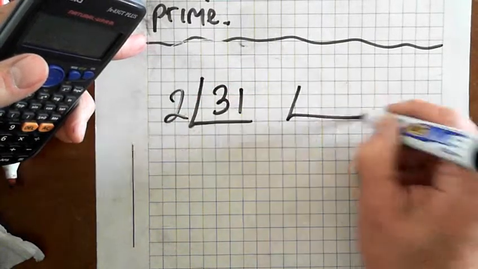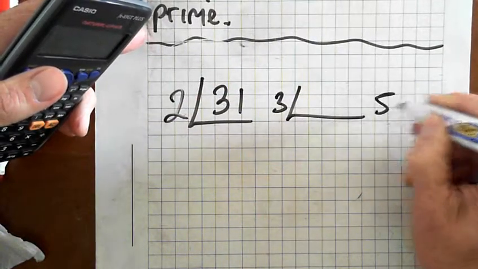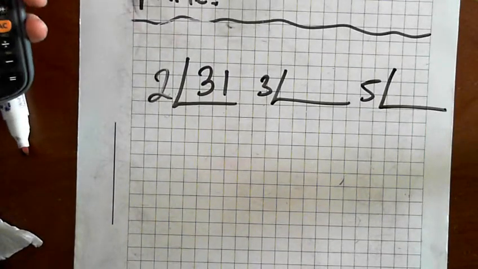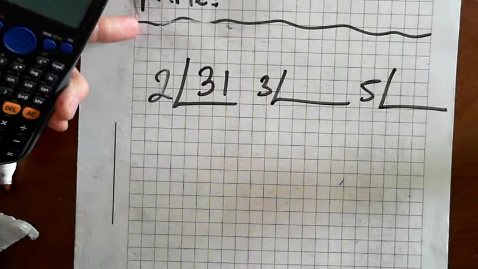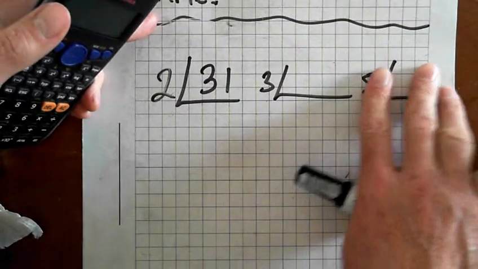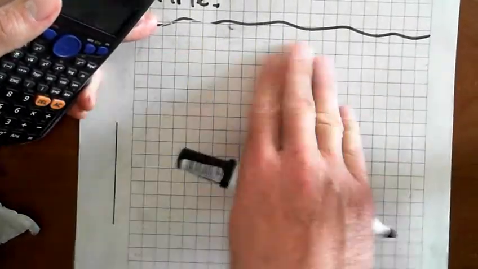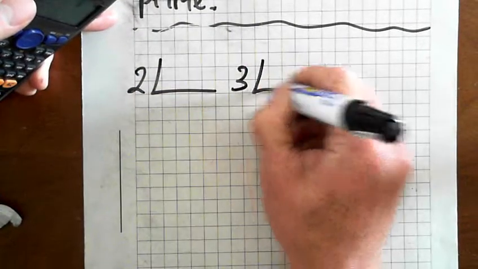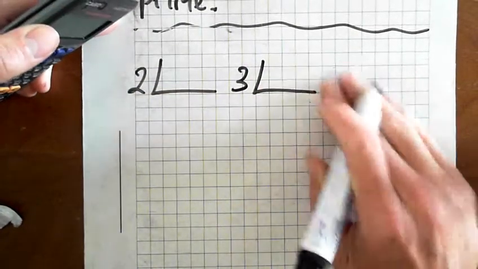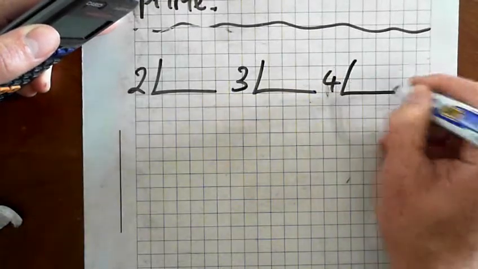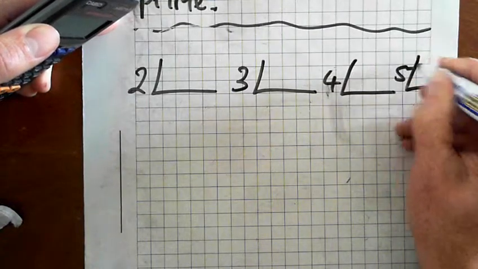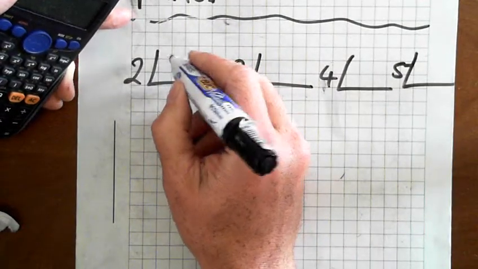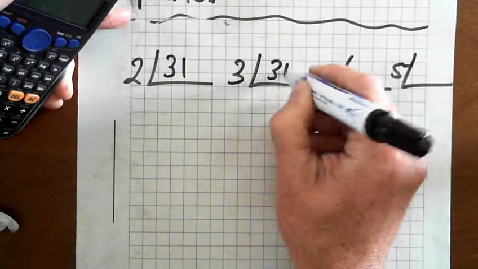We'll divide by 2, 3, 5, because they're numbers that divide into pretty much everything. We could test it with 4 as well, couldn't we? So we'll try the number, what did I say? 31.